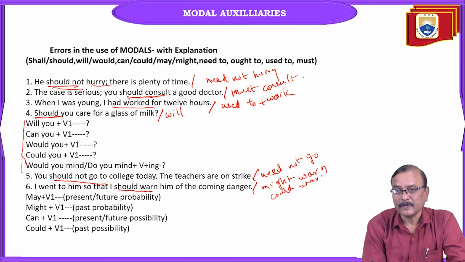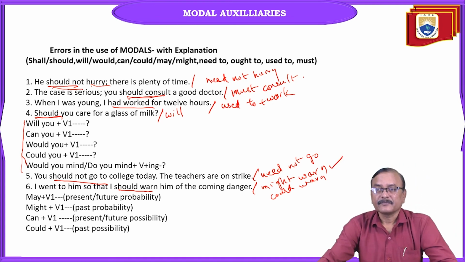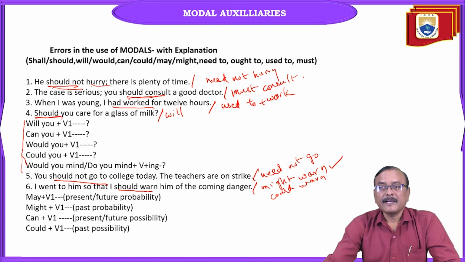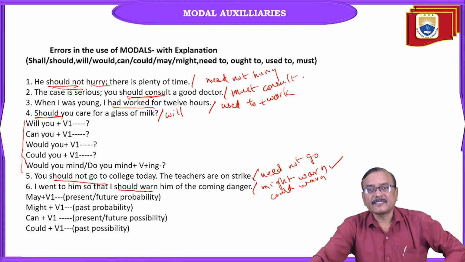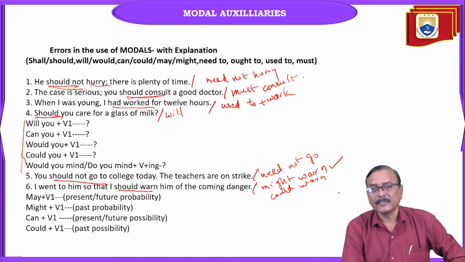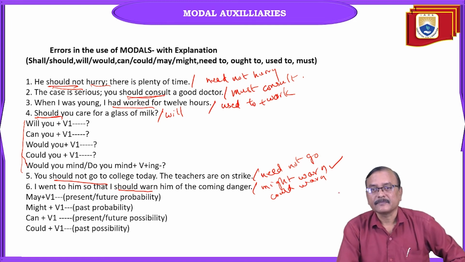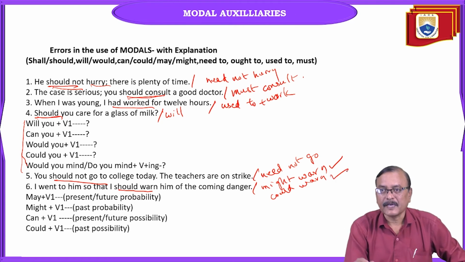Both are possible, but better choose the first one. I might warn means, yeah, the probability was there. I went to him so that I might warn him of the coming danger, or I could warn him of the coming danger. Is it clear? So even this is also possible.